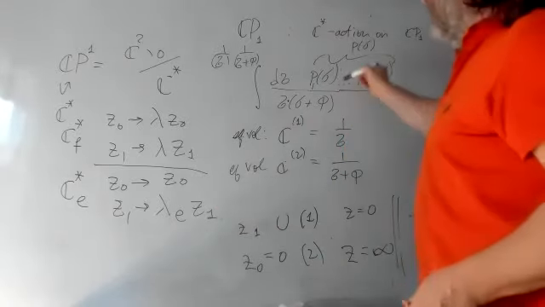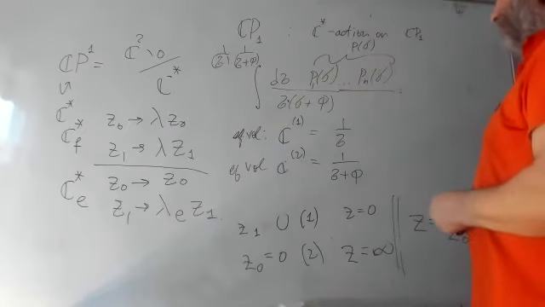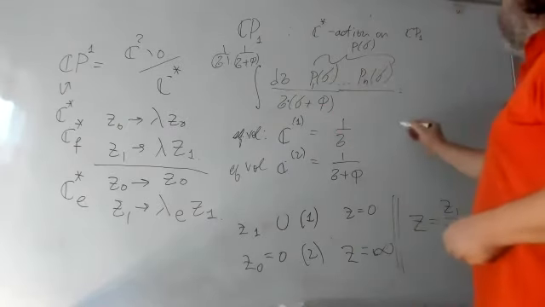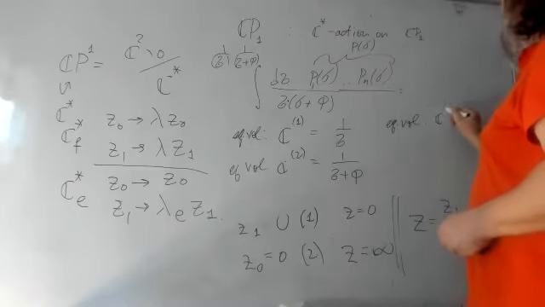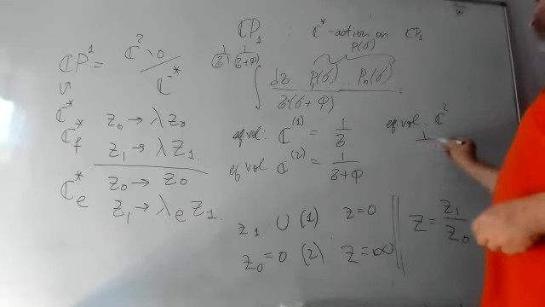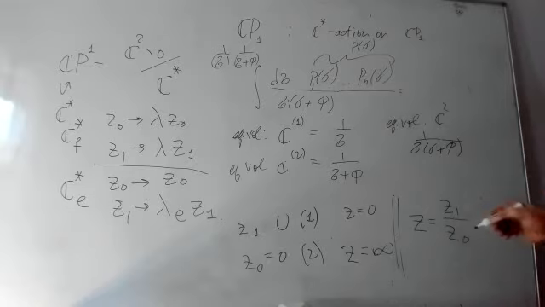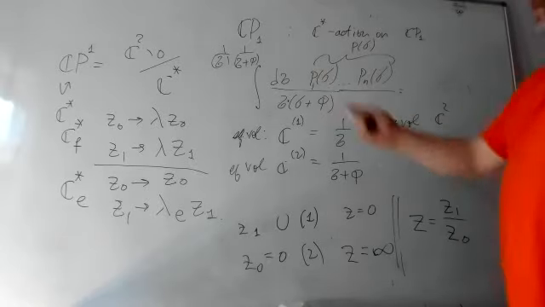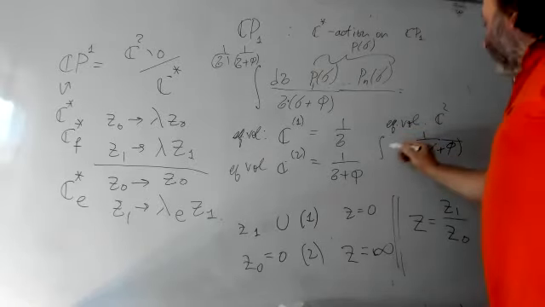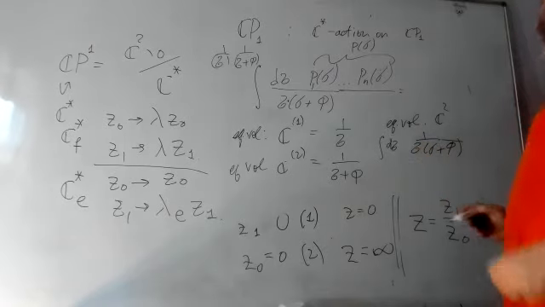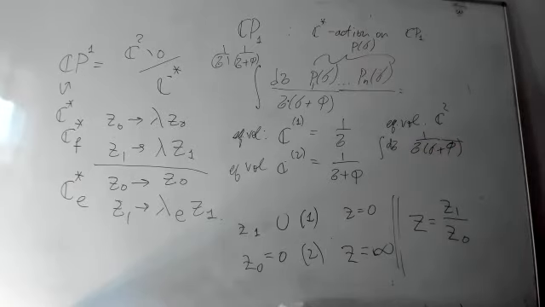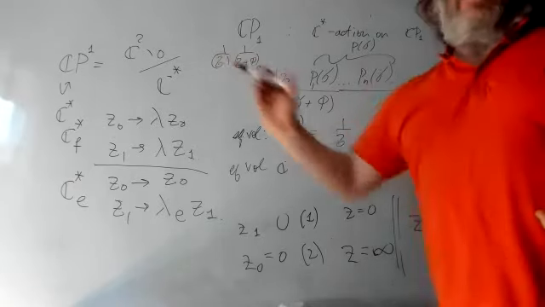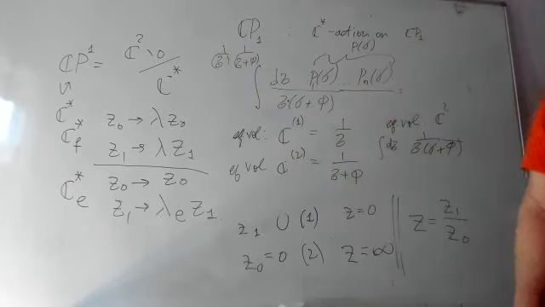So what we see in this formula is the equivariant volume of C squared, that is 1 over sigma plus phi. And then the formula says that we would like to integrate over sigma to get the equivariant formula for CP1.